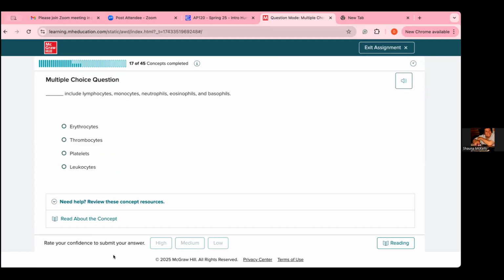Which of the following categories includes lymphocytes, monocytes, neutrophils, eosinophils, and basophils? A, no, it's not that, I'm pretty sure.